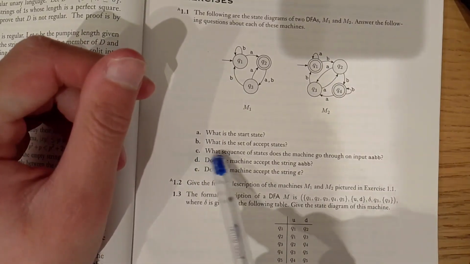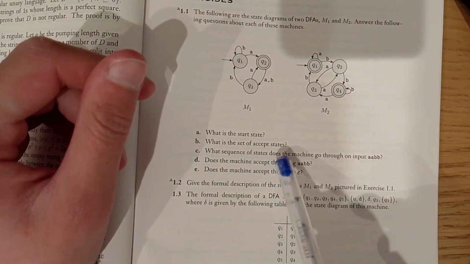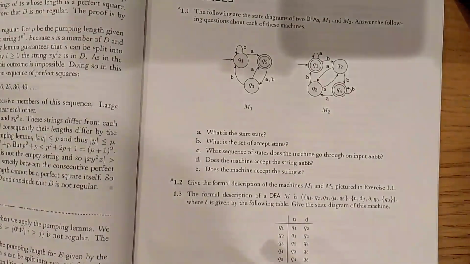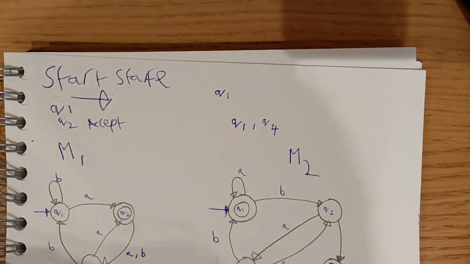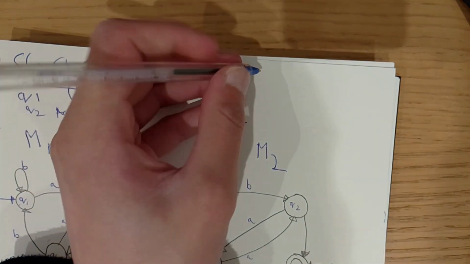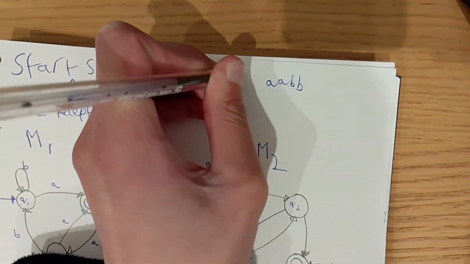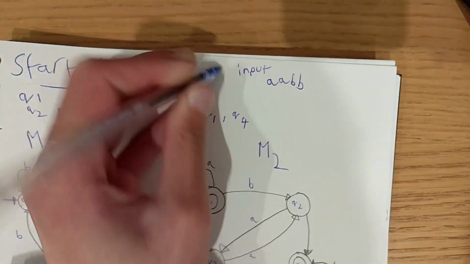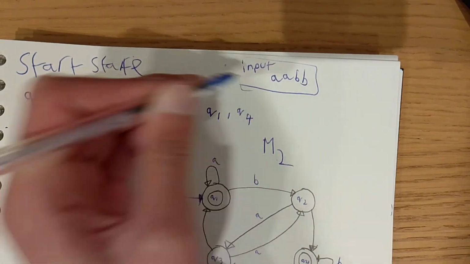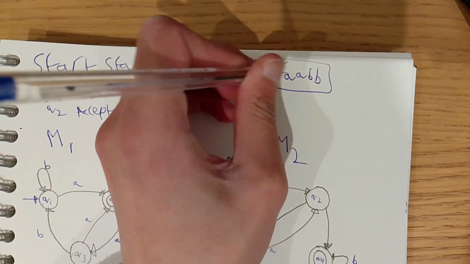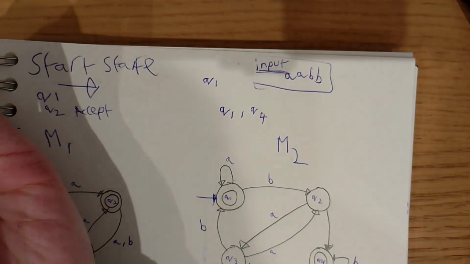Part C. What sequence of states does the machine go through on input AABB? We did not talk about the input AABB, but this is not that hard to explain. What do we mean by this? An input is something that wants an output.